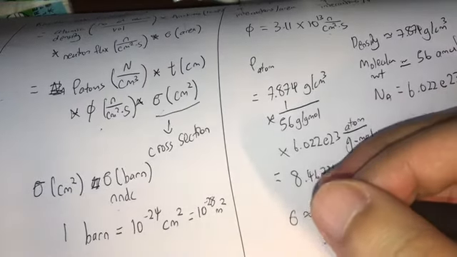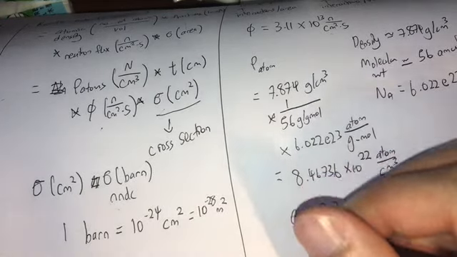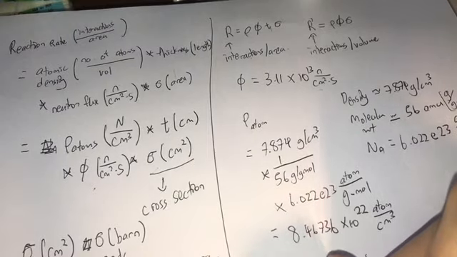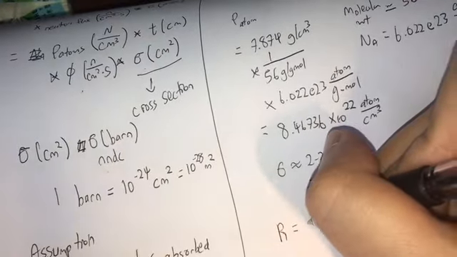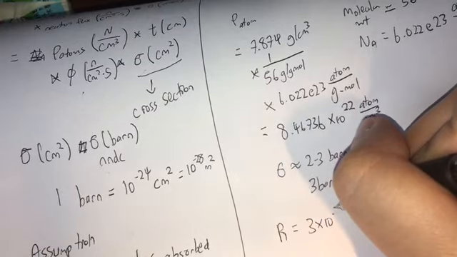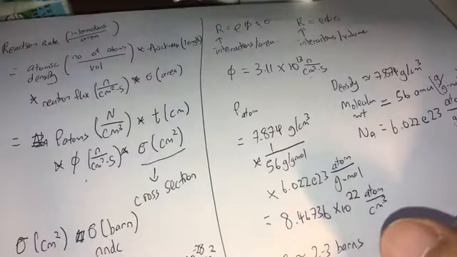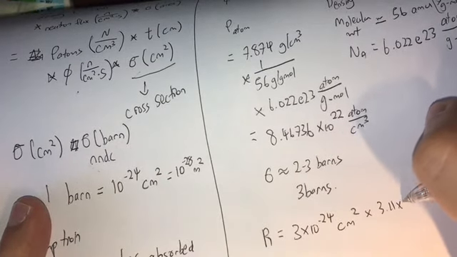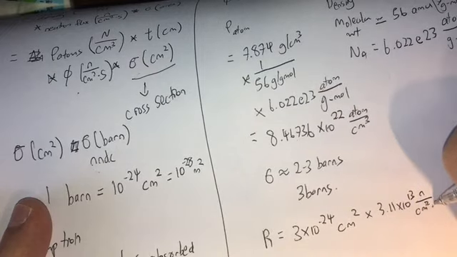Now let's multiply them together. R equals 3 times 10 to the minus 24 cm squared, so that's the cross section. I'll multiply by the neutron flux, so that's neutrons per cm squared per second.